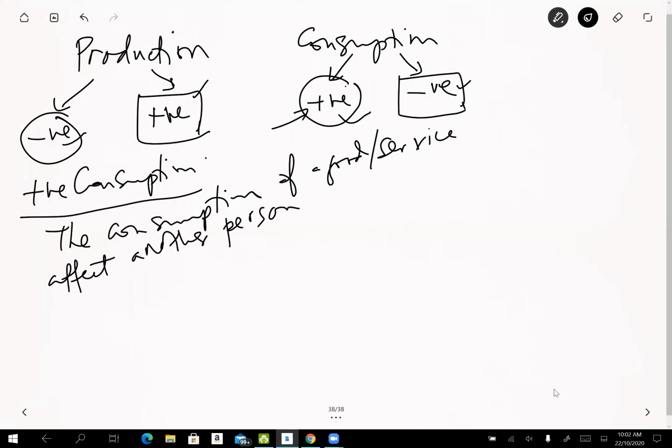So that is a simple idea. Consumption of a good by someone, by us, affects another person.